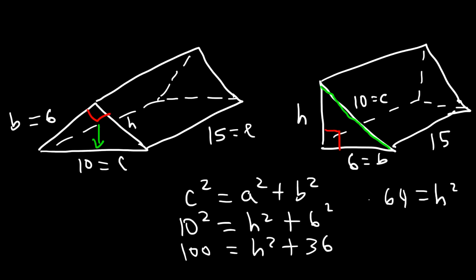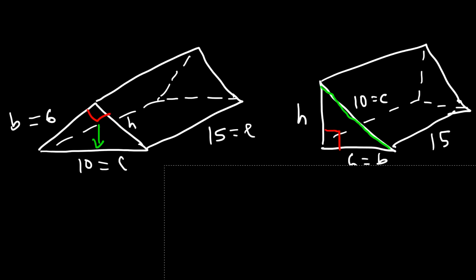So 64 is equal to h squared. And if we take the square root of both sides, the square root of 64 is 8, which is h in this example. So the height is 8 units in length.